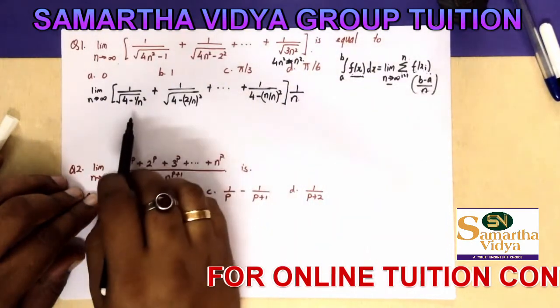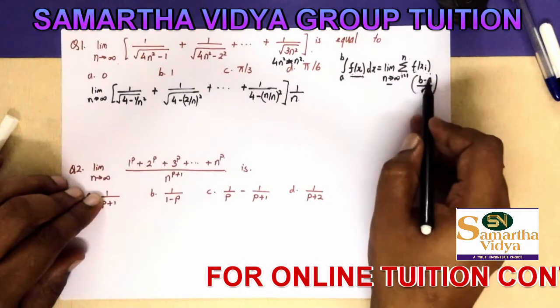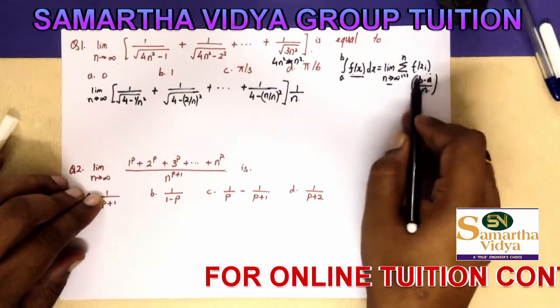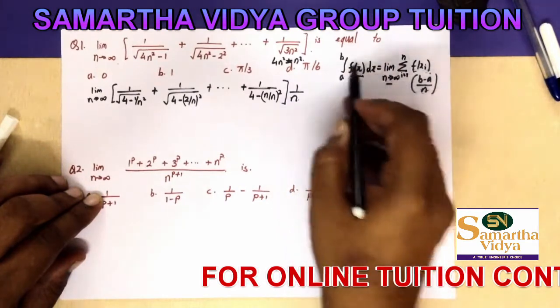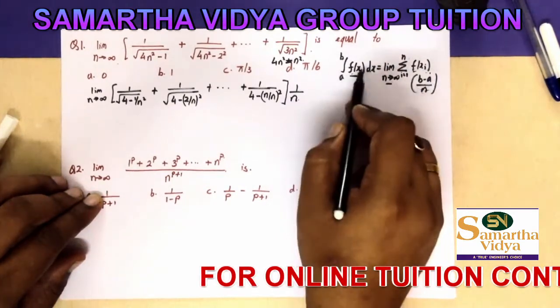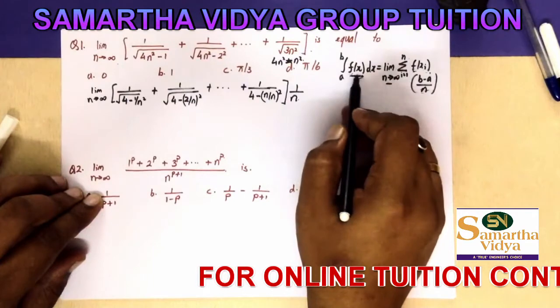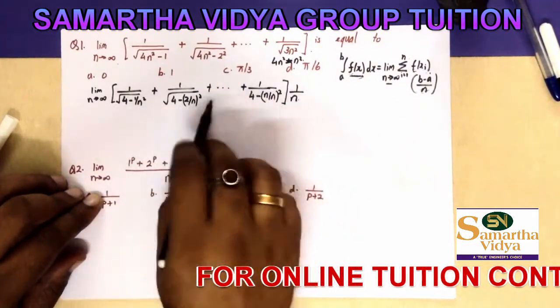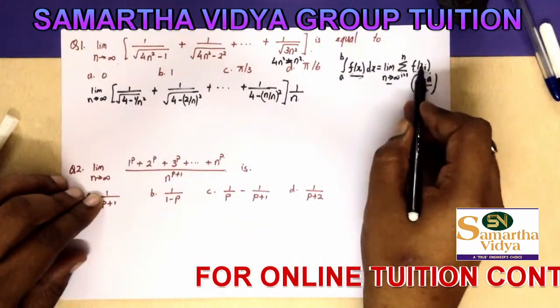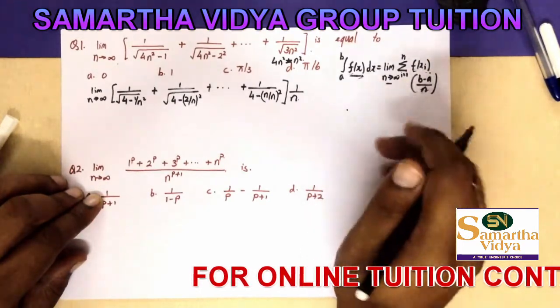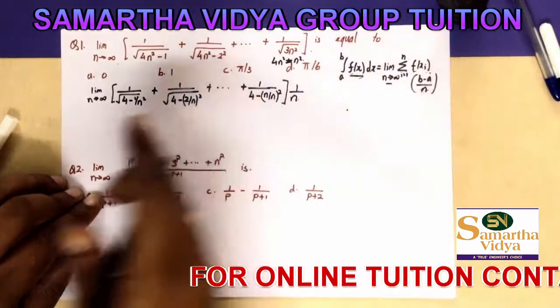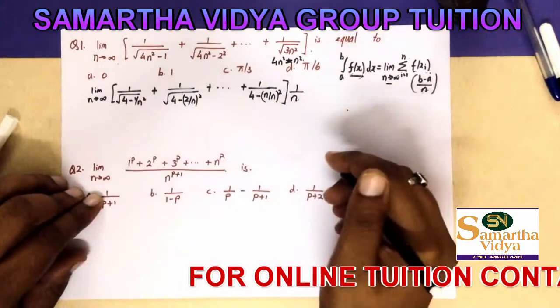So now let us just try to relate it. I have my 1 by n, I need b minus a, so I need the limits also, so that I can substitute on the LHS part, and I need the function also. Now from the term itself you can see that basically we have f of xi. Now xi is a point which is to be considered, which is going to be incrementing along the x direction.